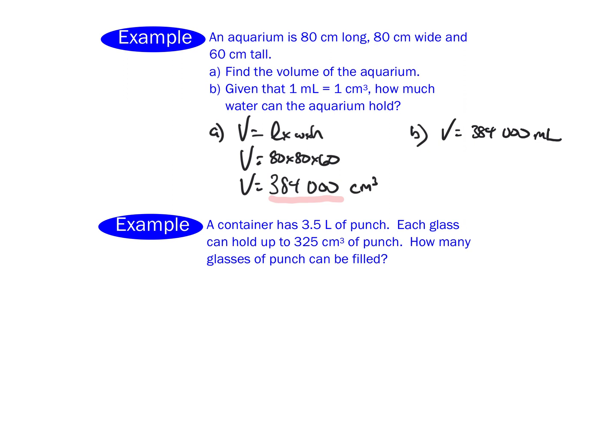Then, remembering that 1 liter is 1,000 milliliters, we can divide this by 1,000 and we end up at 384 liters. That's the amount of water that the aquarium can hold.